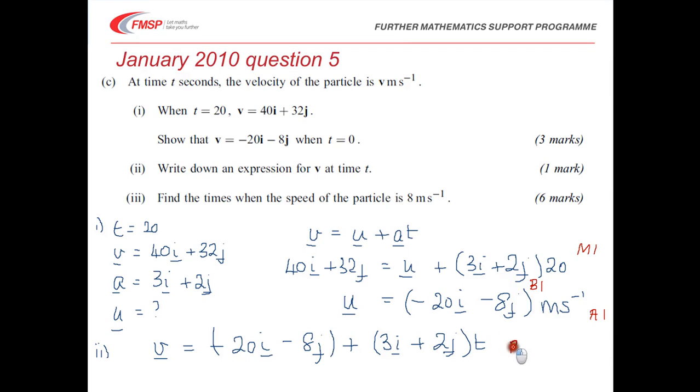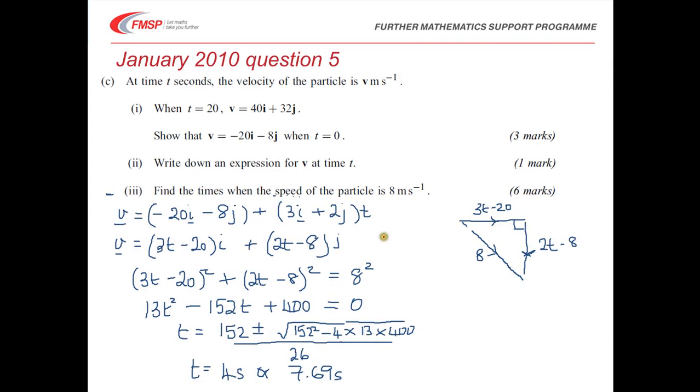There was a B mark, an independent of method mark, for writing down an expression for v in terms of t, and then it was a method mark for bringing your components together, your i's and your j's, realizing that that was what you needed to do, and also a method mark for realizing that, using your triangle over here, you needed to use Pythagoras. 2 accuracy marks for getting to 13t squared minus 152t plus 400, which would take probably more than 1 line if you were writing it out.